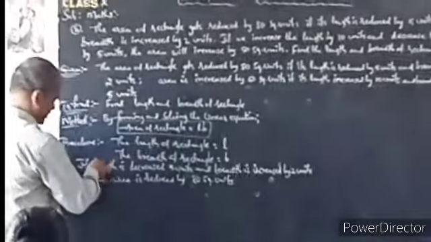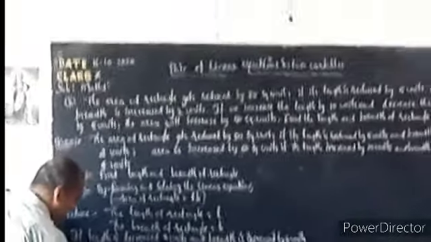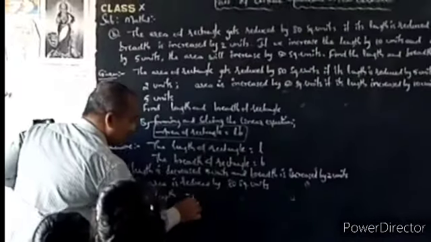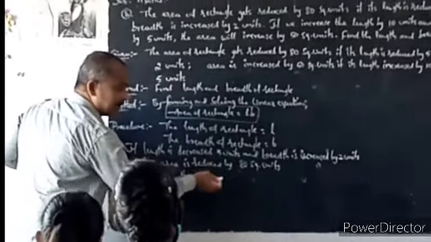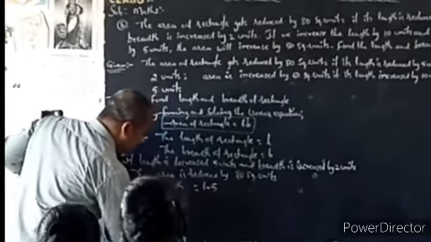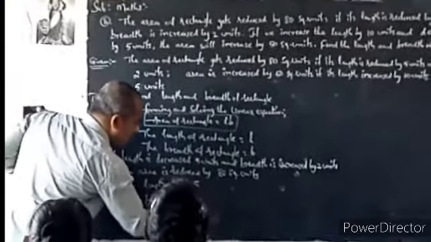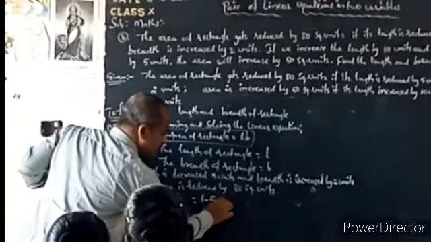So now according to this, what is the length here? Length is L. Reduce means minus 5, so L minus 5. And breadth is B plus 2.